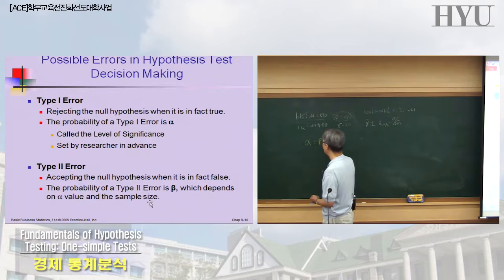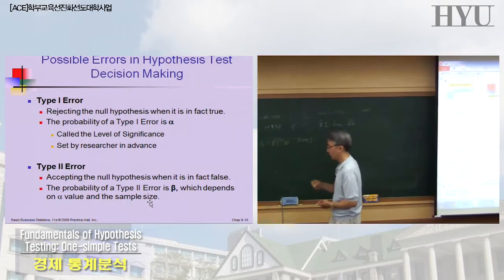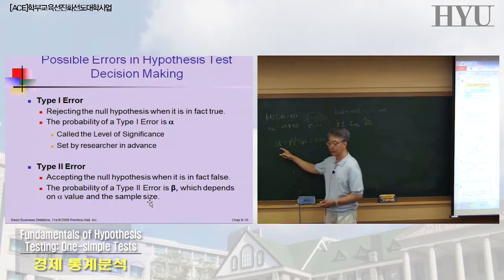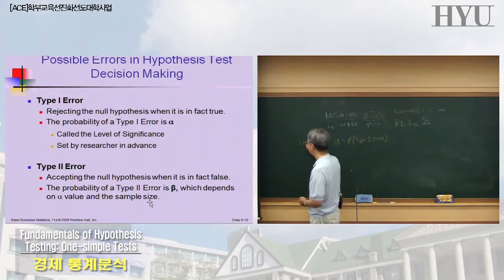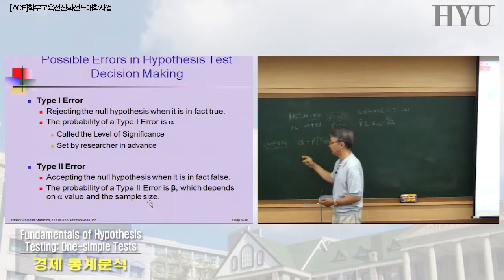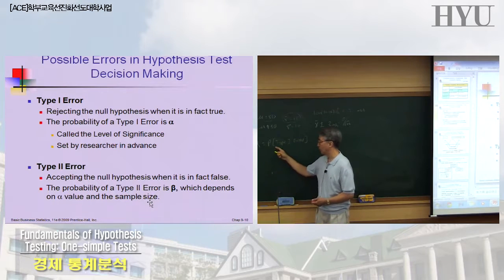That's exactly the same alpha as I introduced last class, the level of significance. Level of significance is the formal name of alpha, but that's actually the probability of type 1 error.